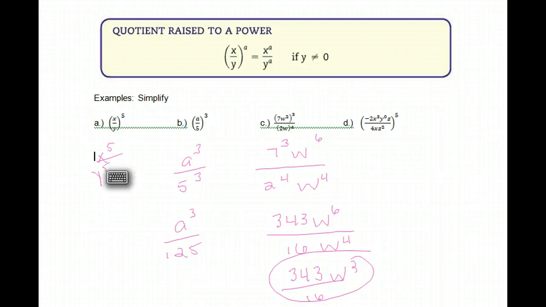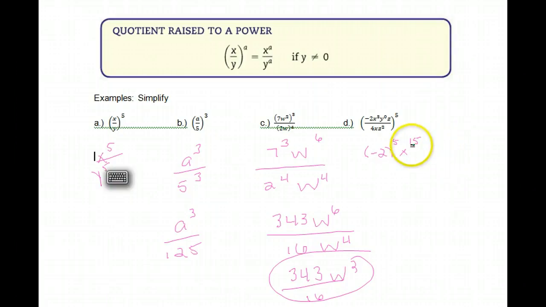One more problem to go here. We're going to raise negative 2 to the 5th power. Keep in mind that we must keep it in parentheses. We will use the product rule and do 3 times 5 to get x to the 15th. We have y to the 0, which is 1.